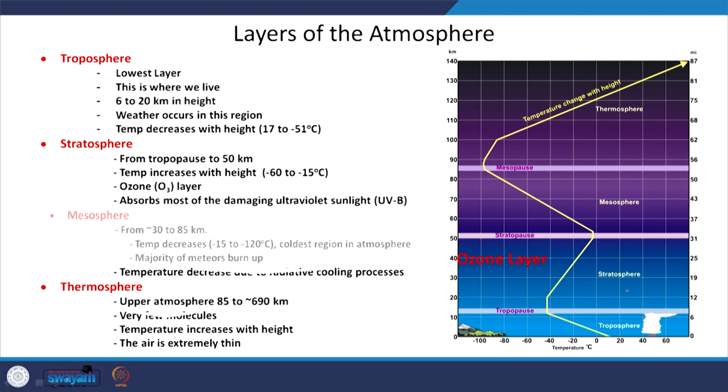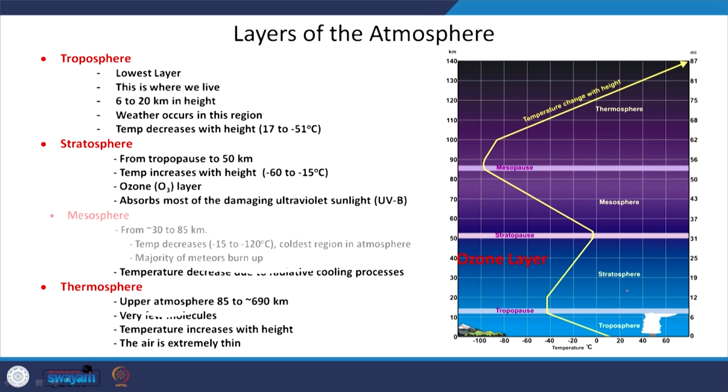Now, our job is to identify the reasons for this variation. I will go step by step. I will tell you the important features of each of these layers and why, then I will tell you why a variation like this should exist in the atmosphere.